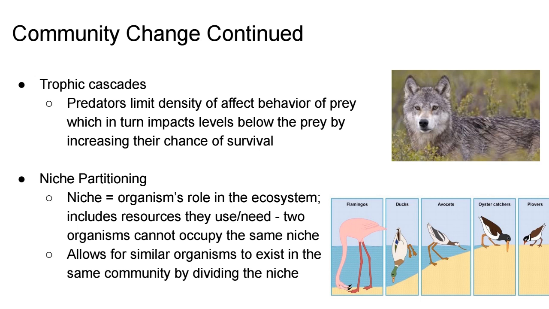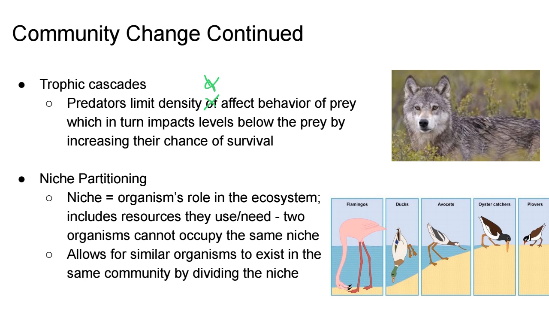So trophic cascades is what we were talking about before with the wolves, is that the predators limit the density of the prey, and they can impact the behavior of the prey. So they limit both density and affect behavior. Maybe I should say and. I don't know why that says of the prey, which will then in turn impact the levels below the prey.